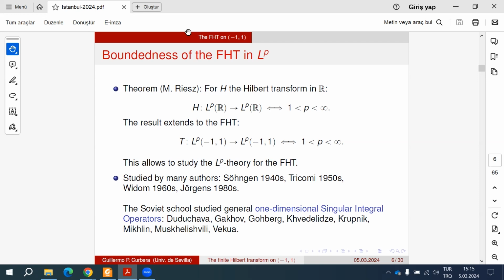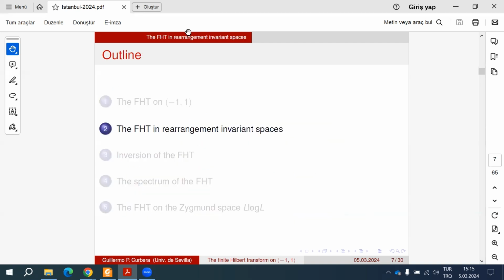There are very important names: Kuchava, Gakhov, Goldberg, Gohberg, Krupnik, Mikhlin, Muskhelishvili, and Beckwith. Mainly, in particular, the Georgian school studied this intensively. So the Lp theory is a classical theory which has been developed by many mathematicians from two different viewpoints, arriving at very clear, clean, and definite results.